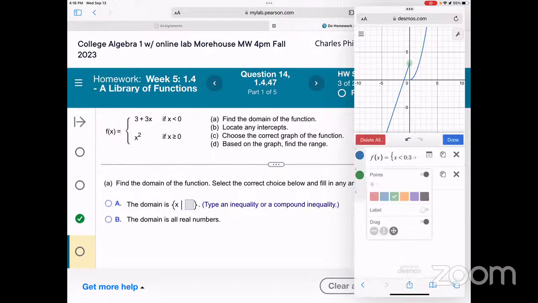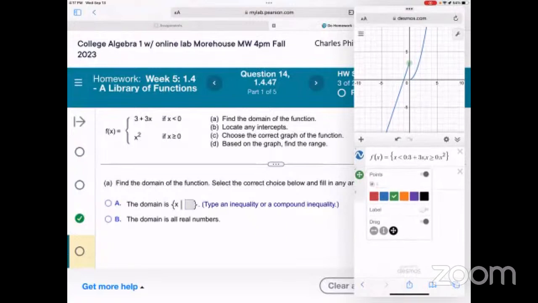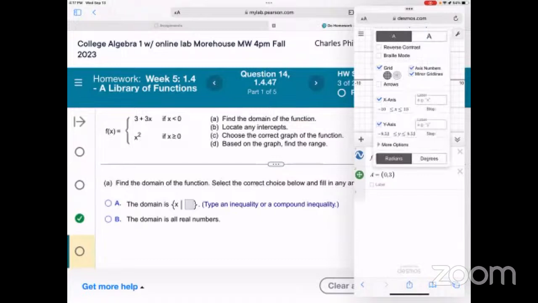Label, drag. I'm just trying to create an open circle. Let me go to settings here, will that do it? More options.